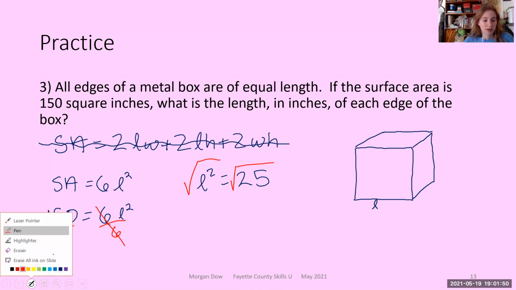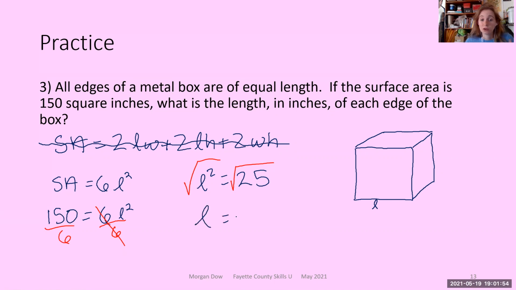So we end up with L is equal to the square root of 25. What's the square root of 25? It's 5, right? 5 times 5 is 25. So the side length, or the length of each edge of this box, is 5 inches. It is 5 inches on each side.